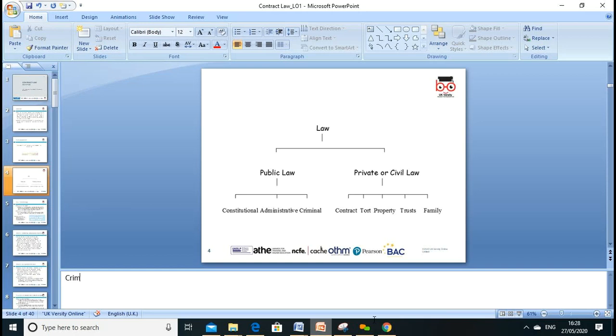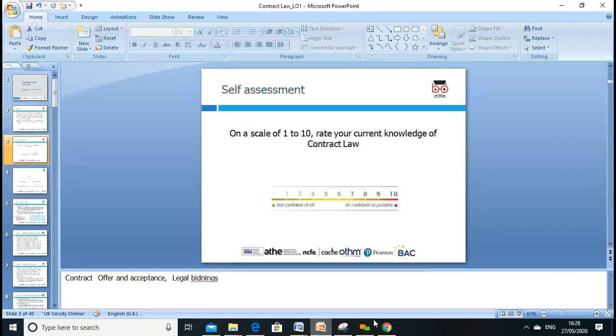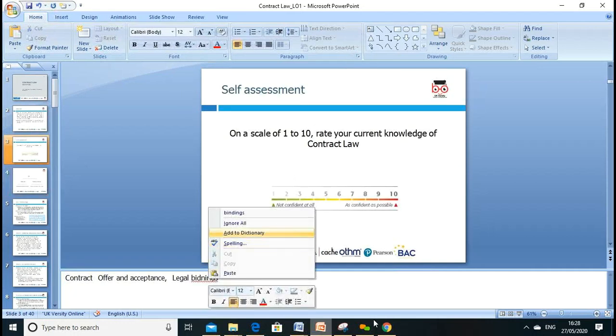Okay, so if I say criminal law and civil law, yes? Criminal law is public and civil law is private. Can I get a try after regarding the difference between public law and private law? Yes, please.